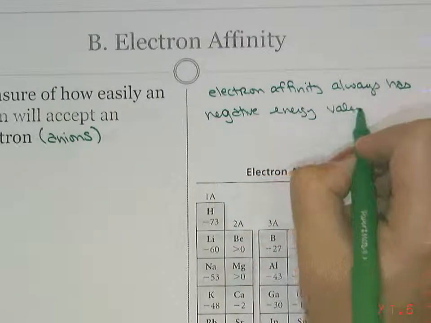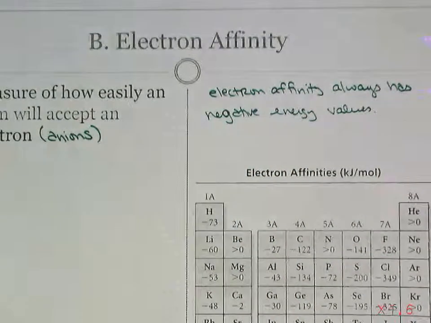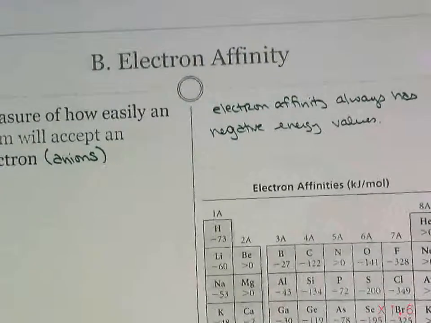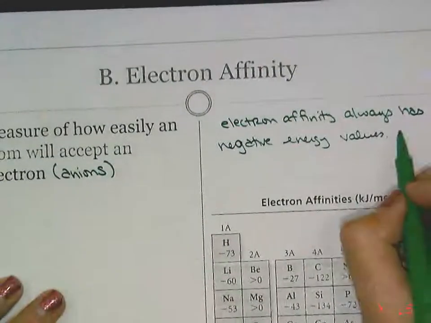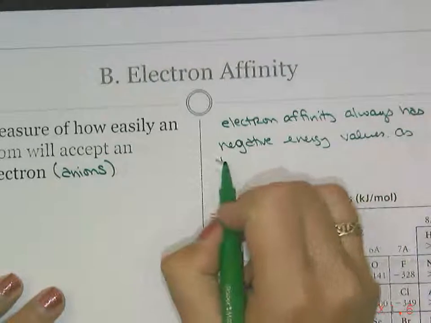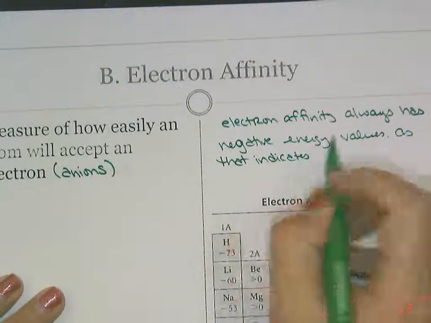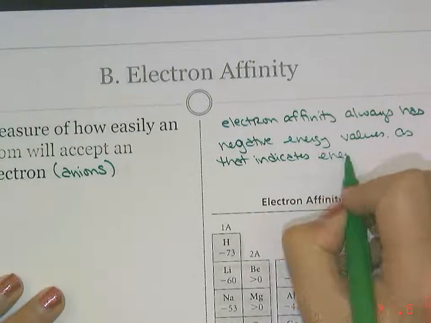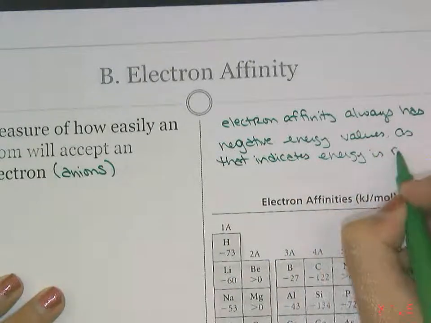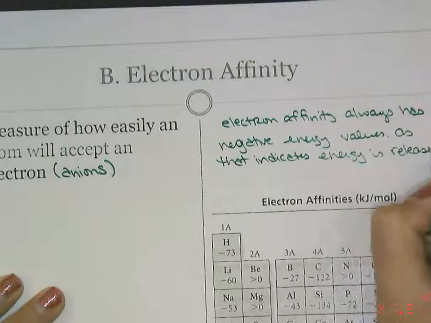So electron affinity always has negative energy values, as that indicates energy is released when an electron is absorbed.